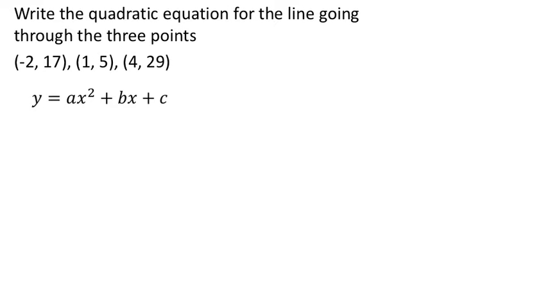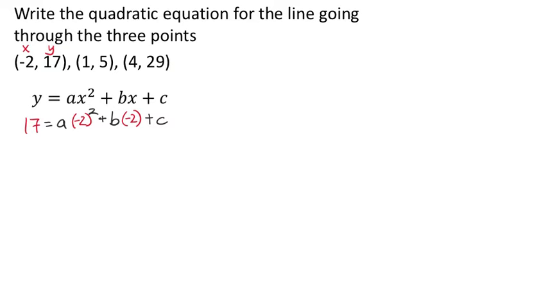Now, the first one, I'm going to make this equation red because this is for the first ordered pair where the x is -2 and the y is 17. So, for y equals ax squared plus bx plus c, I know the y value is 17 and the x value is -2. Writing this out, I've got 17 equals a times (-2) squared plus b times -2 plus c.